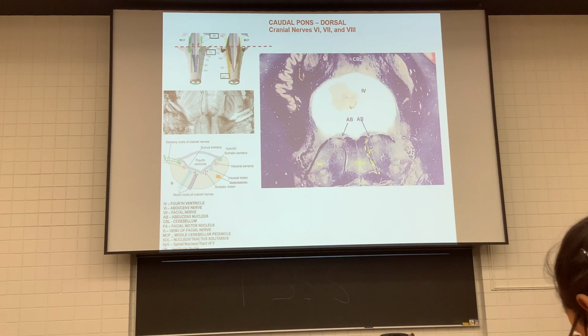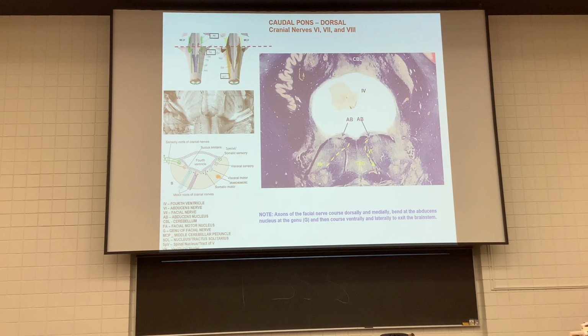I think these neurons migrated and left their axon behind. The axons coming out of the facial nucleus actually come dorsal, and they literally swing around the abducens nucleus. It's called a genu, or bend, and then come right back toward where they began, and then go out.